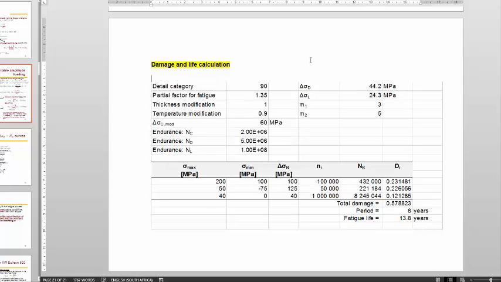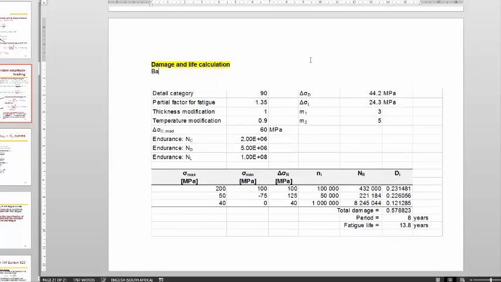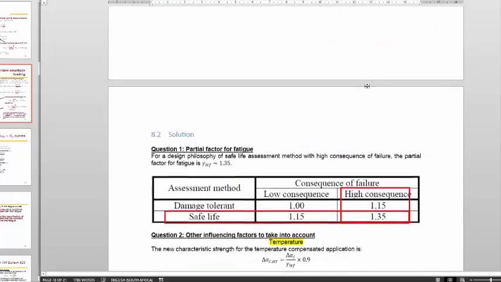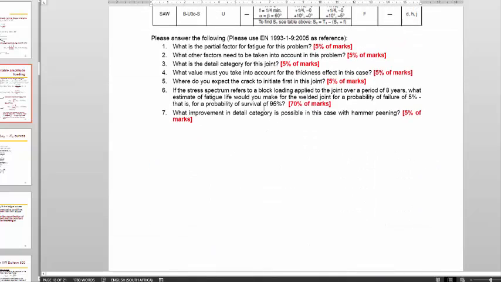So, based on the information provided to us, the fatigue life is 13.8 years. Now, if you look at the last question, the last question asks, what improvement in detail category is possible in this case with hammer peening?